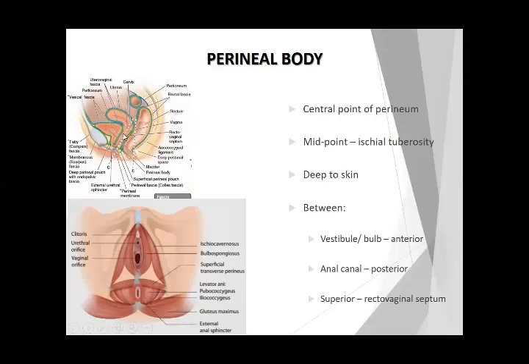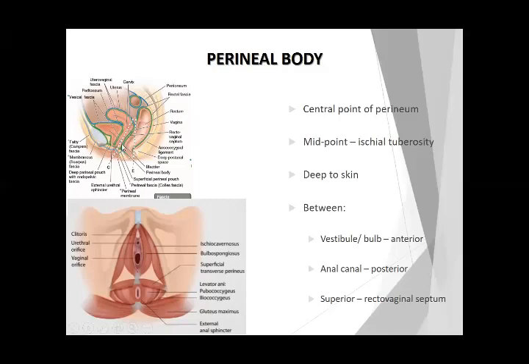Okay? So in the females, the connective tissue between the uterus and the rectum, the recto-vaginal connective tissue or recto-vaginal septum, is attached to the perineal body superiorly.